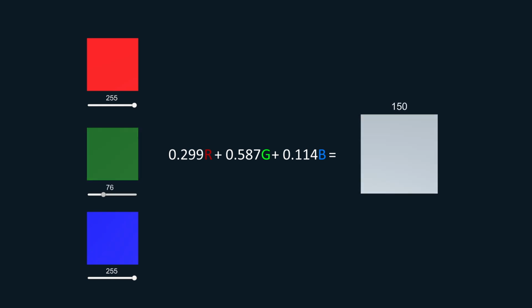There exist other formulas like this, but they each have their benefits and downsides. We'll be using this one here. As you can see from the formula, the green value has a greater impact in making this shade of gray lighter. The smaller the number of the gray pixel, the darker it is, and the higher the number, the lighter it is. Let's take a random grayscale image like the one at the bottom here.